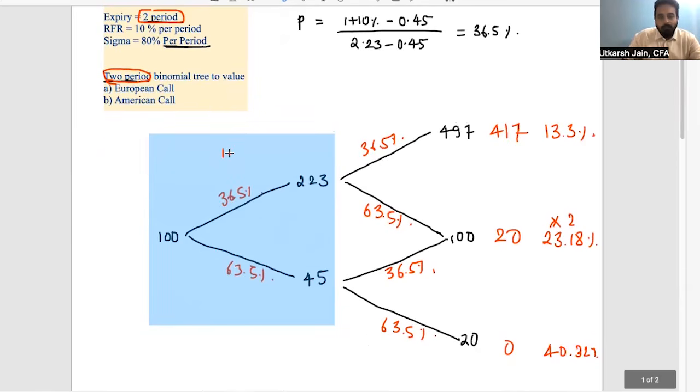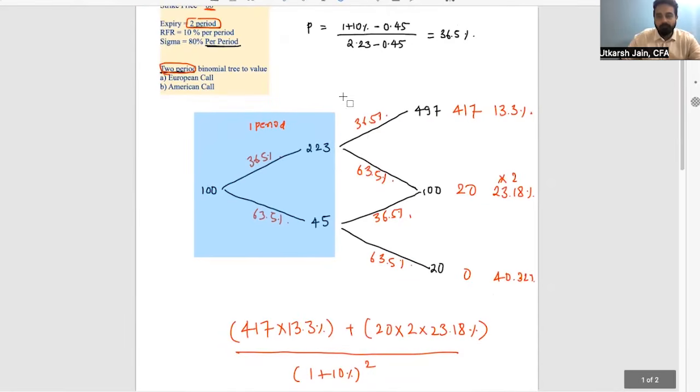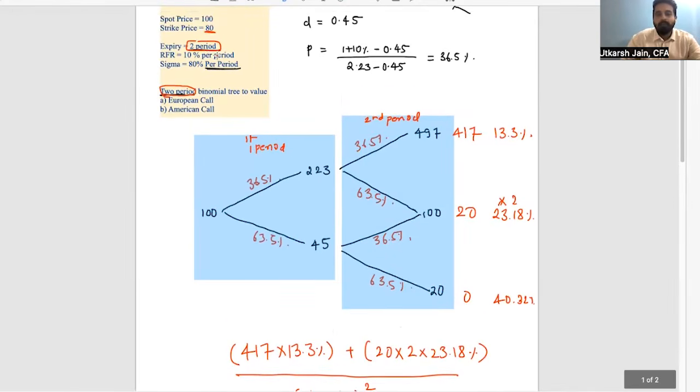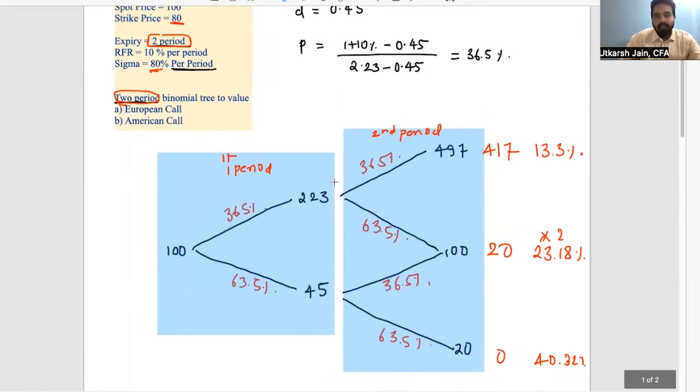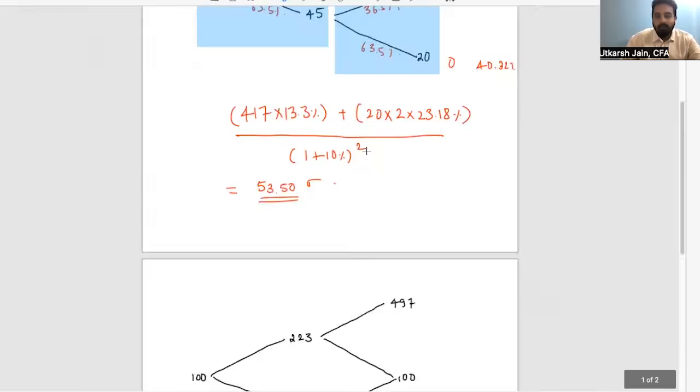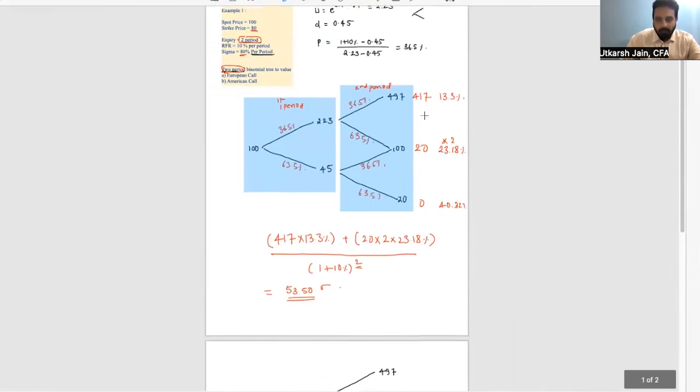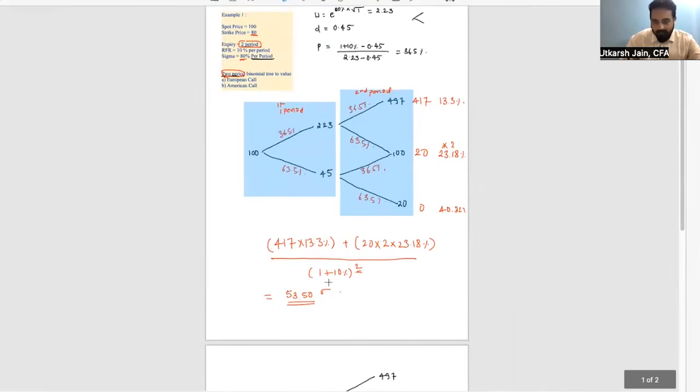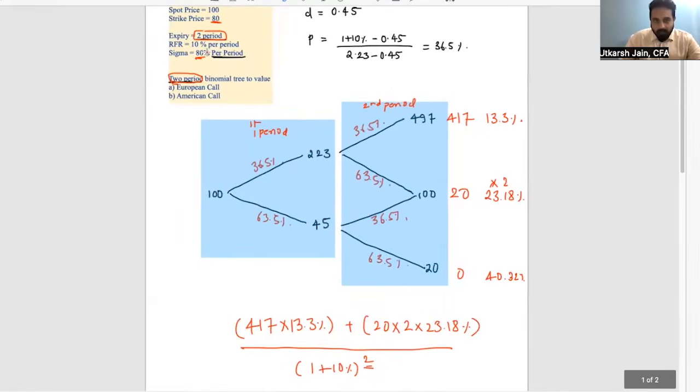So this becomes 1 period, and this becomes 1 more period. Let's call it the first period and the second period. My 1 period here is just 1 period sigma. It's 80% because it is given per period. And why am I discounting it backwards for 2? Because my valuation is coming after 2 periods, and per period RFR is 10%.